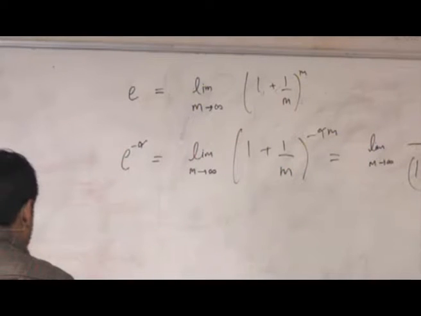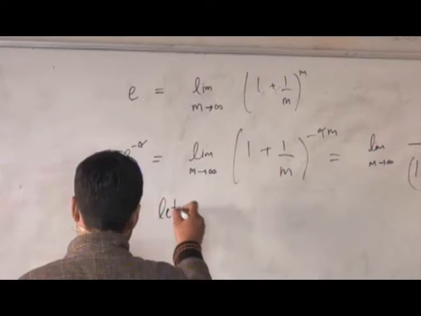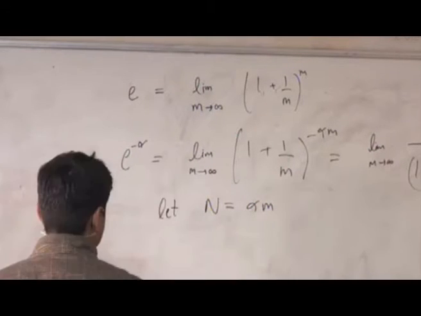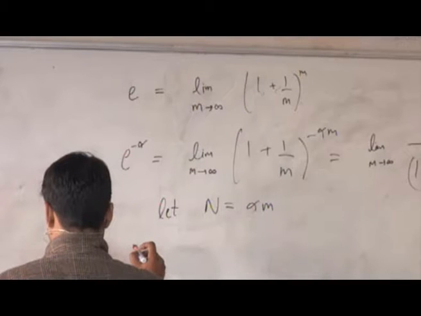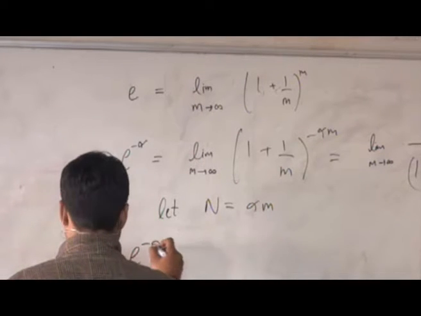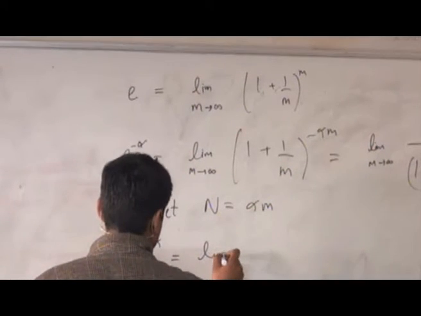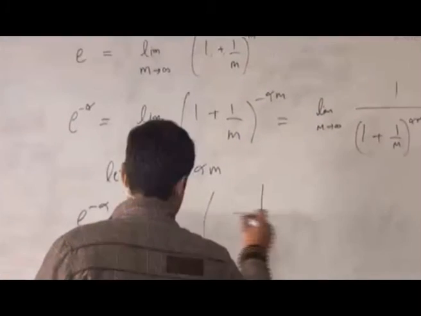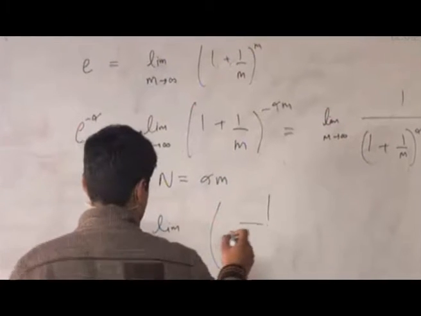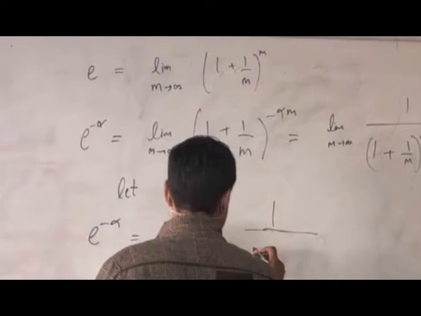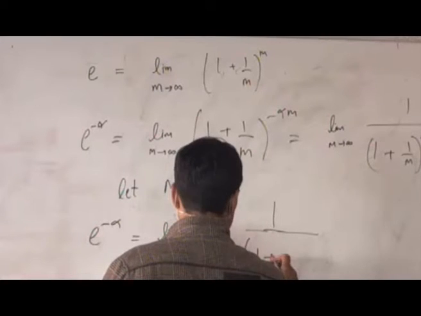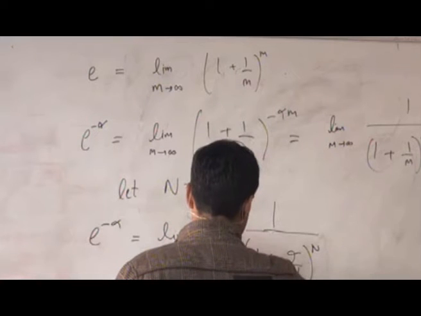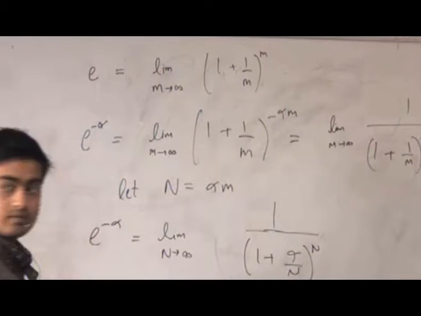Now let n be equal to alpha m, then it would be e to the power minus alpha, limit n tends to infinity of this thing.